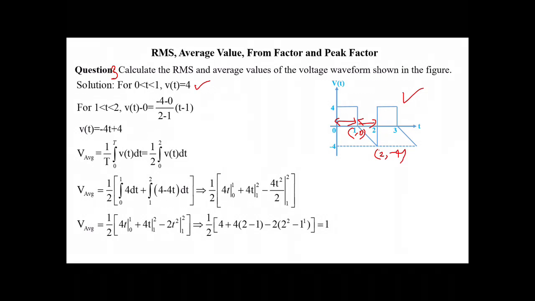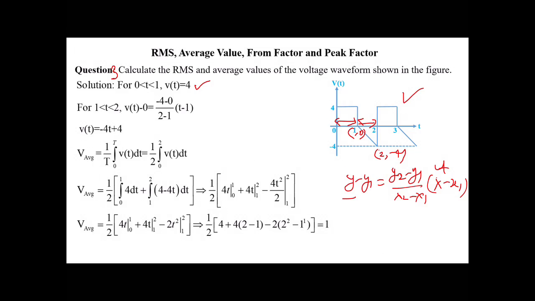As we know, the formula for the line passing through 2 points: y minus y1 equals y2 minus y1 divided by x2 minus x1, bracket x minus x1, and here y is V(t) and x is t. So let's substitute the values of y1, y2, x1, x2, y and x.